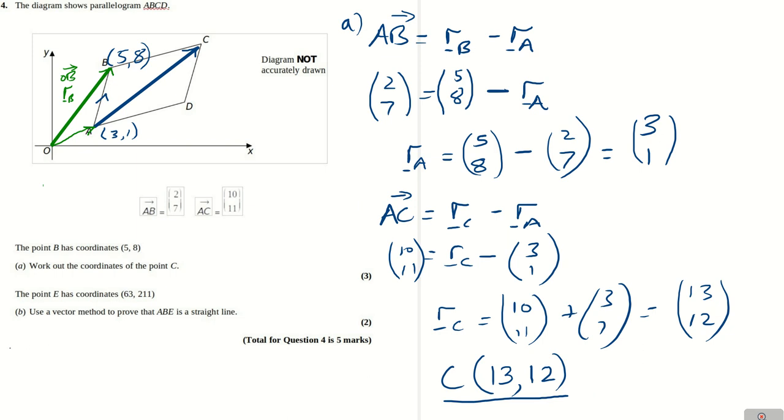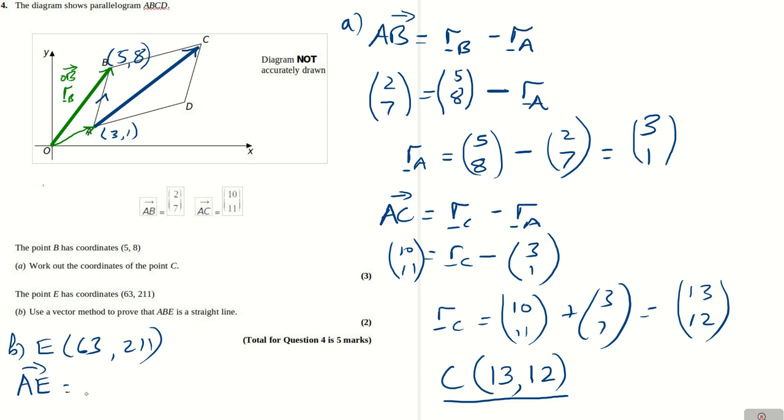Now the next part, it gives us another point, the point E, and this is the point (63, 211). So that's going to be miles off the diagram. But what that tells us is if we think of what the vector AE will be.